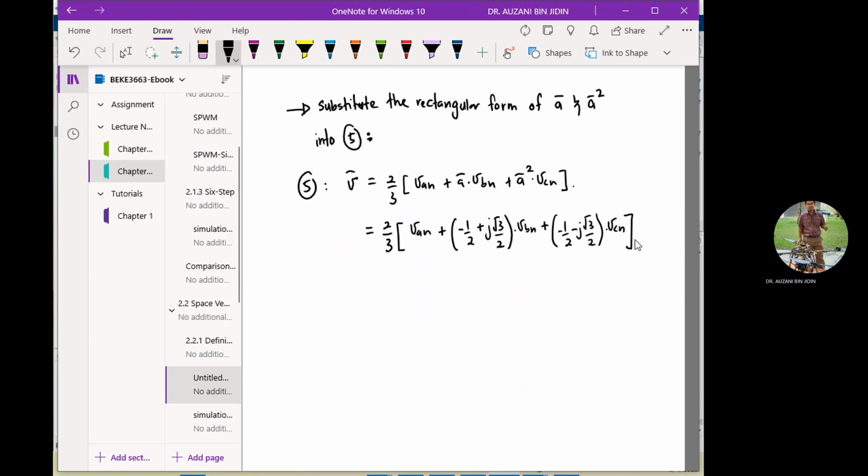Okay. So the first term bracket here is unit vector of A. Here will be power of 2. Okay. Then you try to expand this equation, and you separate this equation into two parts, real and imaginary part.